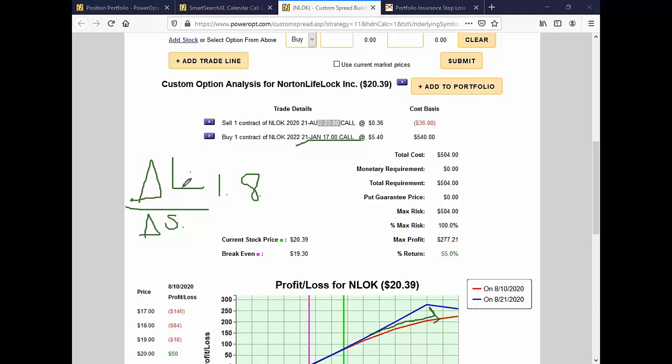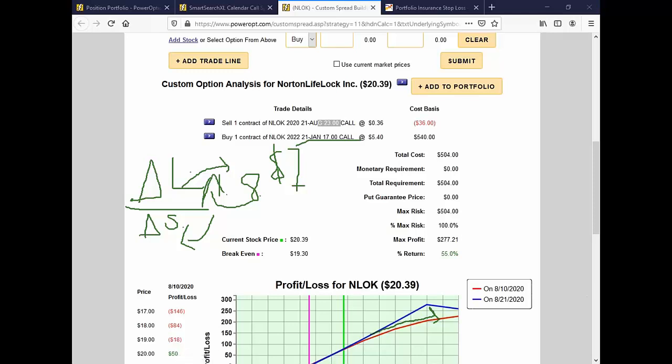If the stock moves up 1 point, yes, delta is ever changing, but I want to start off at a point where if the stock moves up $1, I'm theoretically gaining 80% more on the long option than I'm losing on the short option, which is my obligation and I have to buy back. That's the structure I personally look for.